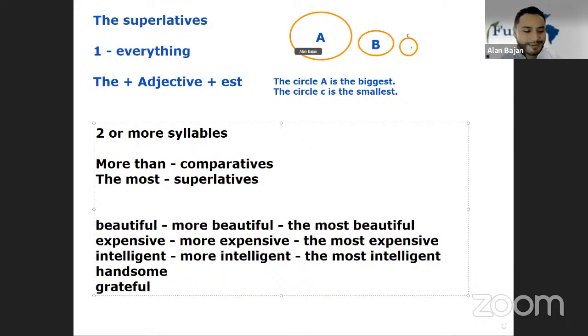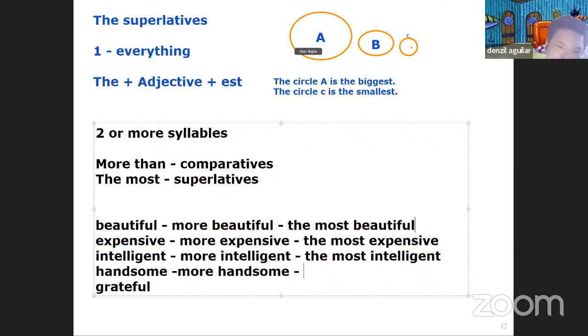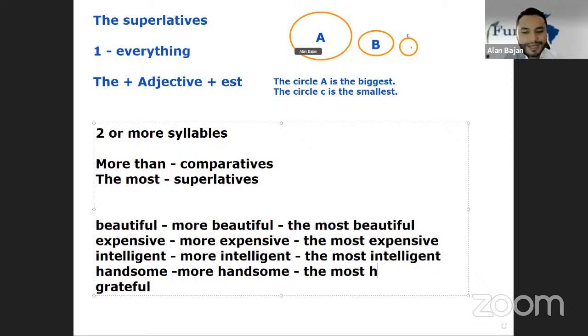All the students in A2 level, right, guys? Handsome, more handsome. Juliet, Dermis, Lourdes, and Ilse said to their boyfriends, you are the most handsome.